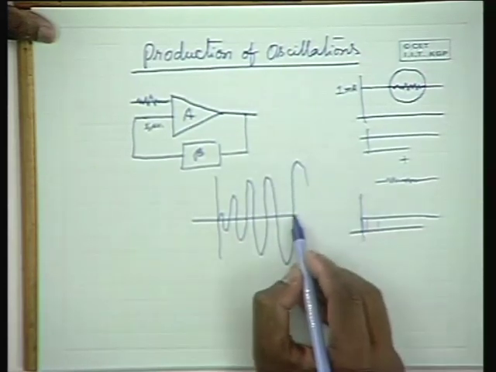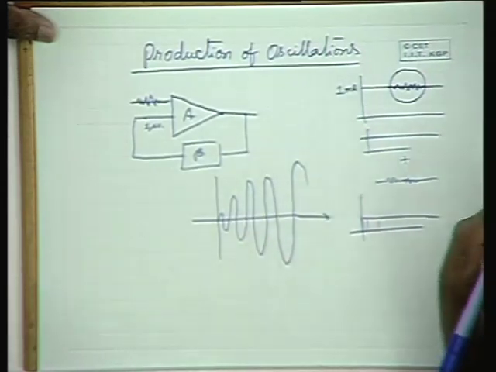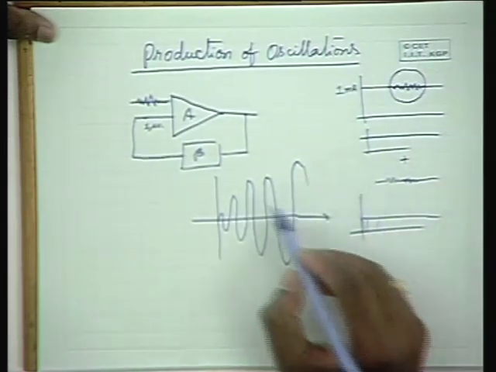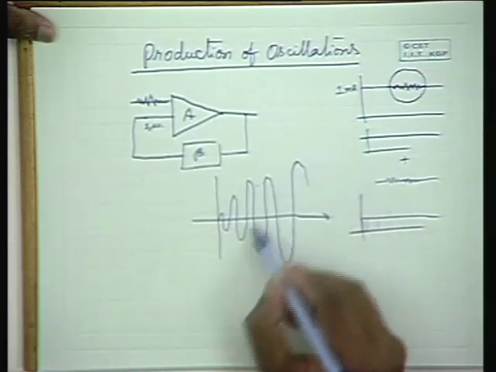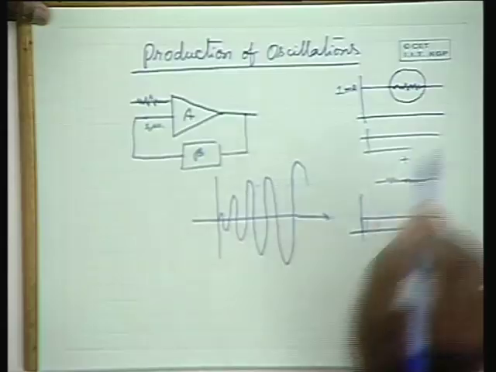In the present example, it goes up with time as 1.1 to the power of time. So oscillations are produced, and the oscillation amplitude rises, if A beta is slightly larger than 1.